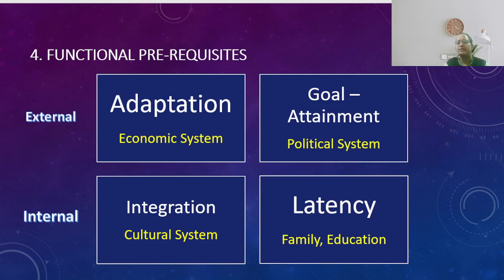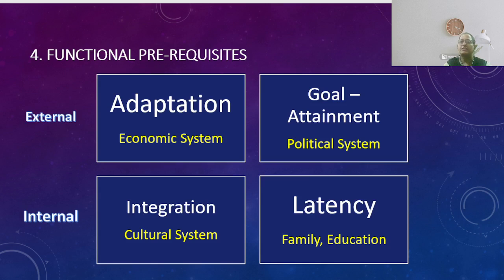Family and education together have a very large, long lasting, lifetime impact on a person. So for pattern management, family and education are the key significant players. And these two things, integration and latency, are internal. It is inside the human, how his mind is trained to achieve stability and equilibrium of the society.